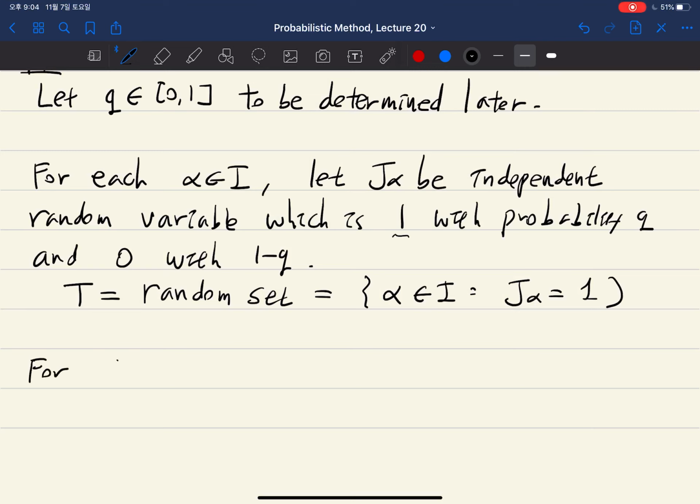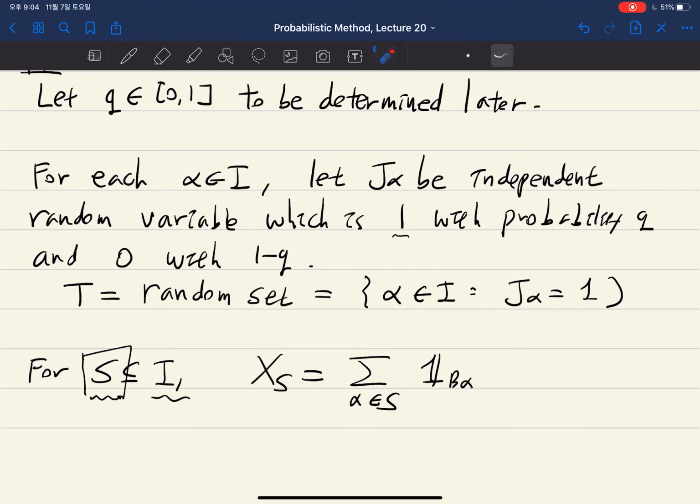And for S, which is a subset of this I, let's write X sub S for the summation over all alpha in S of the indicator random variable for B alpha. Which means that among the indices inside of S, we count the number of bad events that happen.